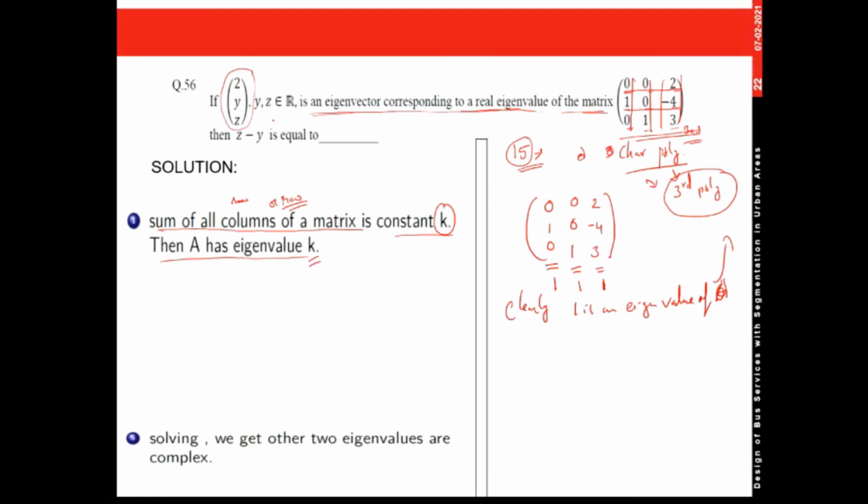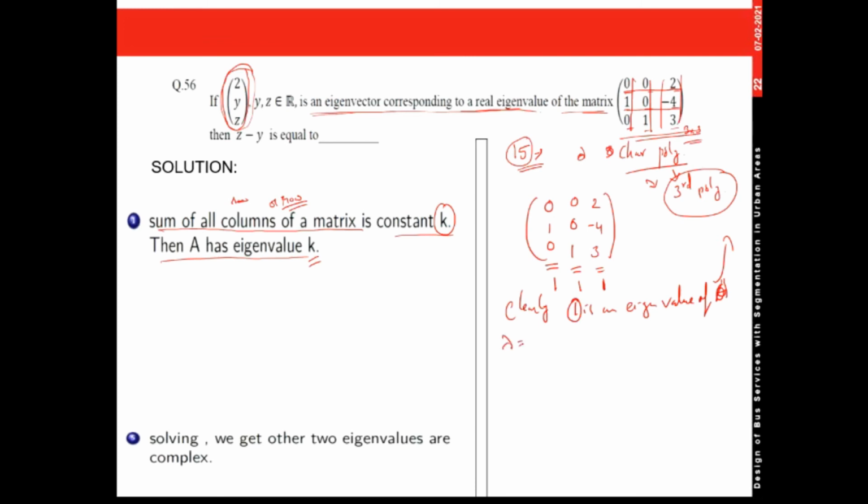From the question, it is clear that there must be only one real eigenvalue. Why? Because there is no clue in the question that there is more than one real eigenvalue. So if you have such a question, you should think this eigenvector is the eigenvector corresponding to 1.